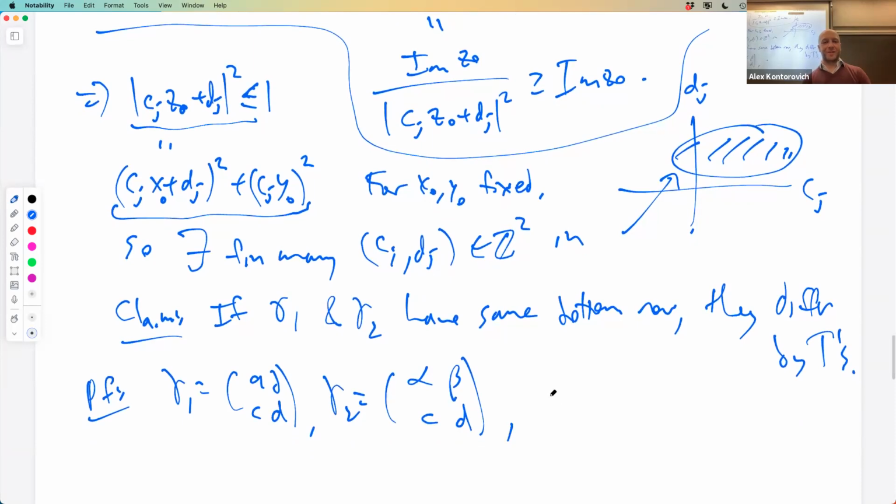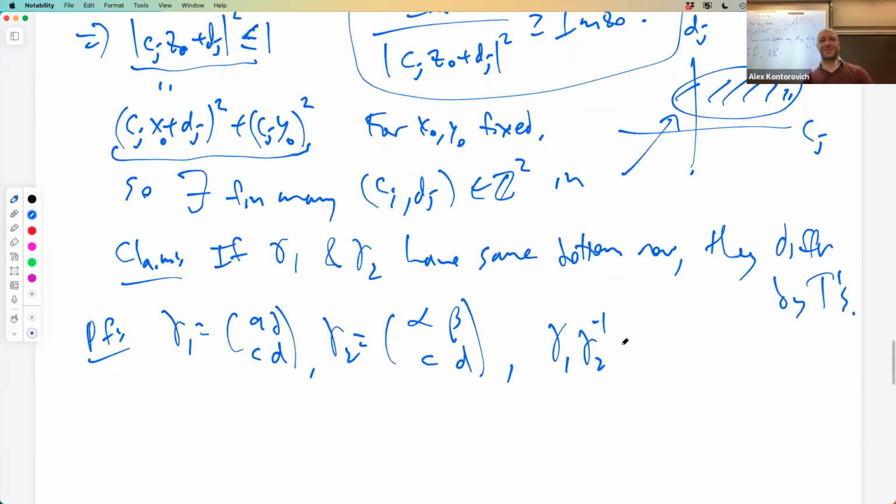Let's compute gamma 1 times gamma 2 inverse. Gamma 1 is A, B, C, D. Gamma 2 inverse, I'll flip the diagonal, D, alpha, negate the off diagonal, negative beta, negative C. Thank you, negative C. That's crucial right now. So what will be the bottom left entry? CD minus CD. It's going to be 0.